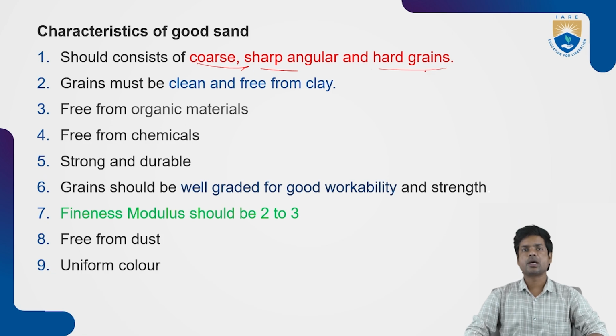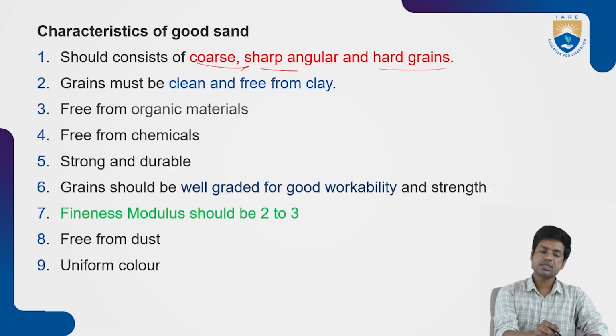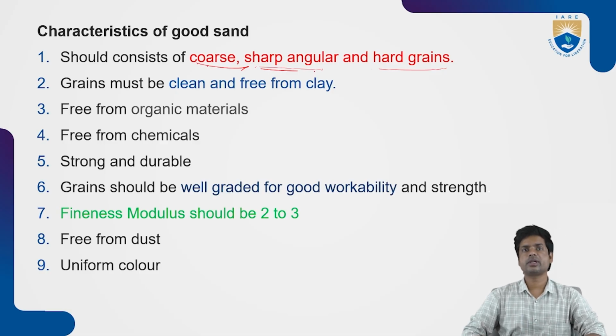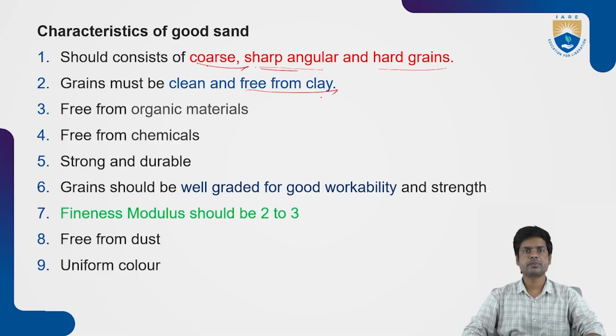Whatever sample you use as fine aggregate in concrete preparation should have sharp, angular, and hard grains. The strength should be more, and it should have sharp, angular edges. Grains must be clean and free from clay.